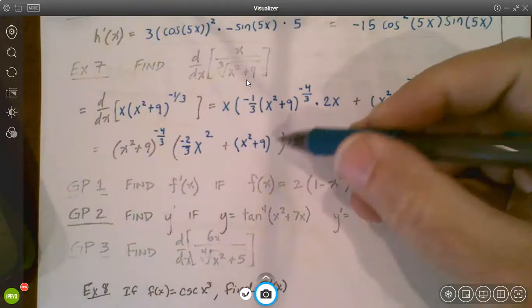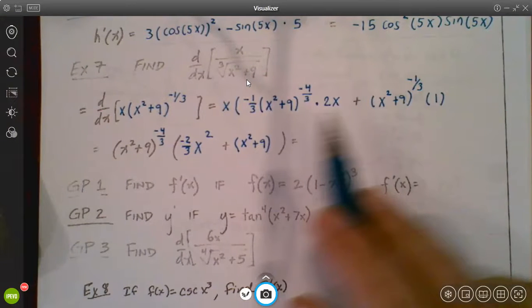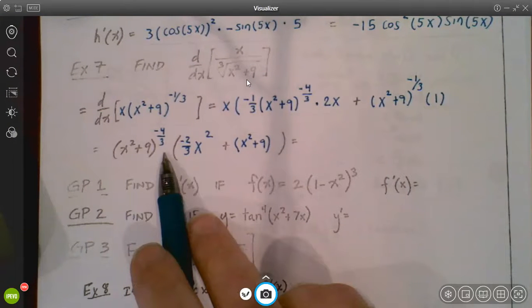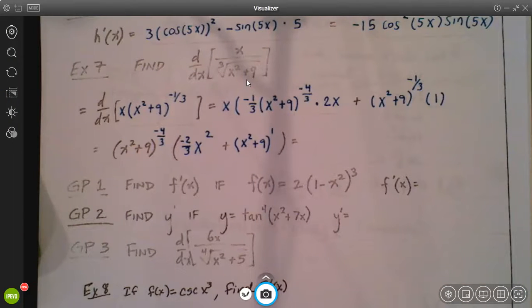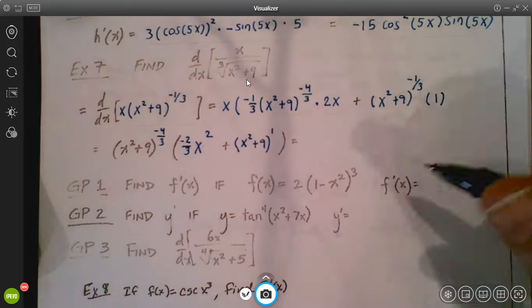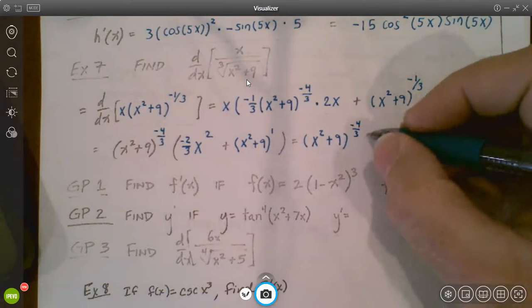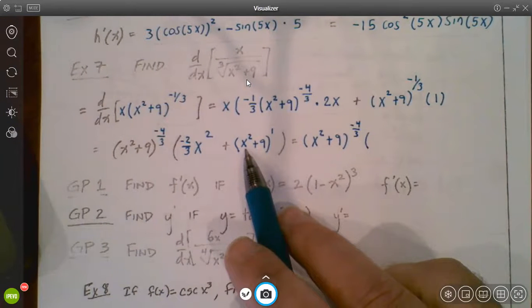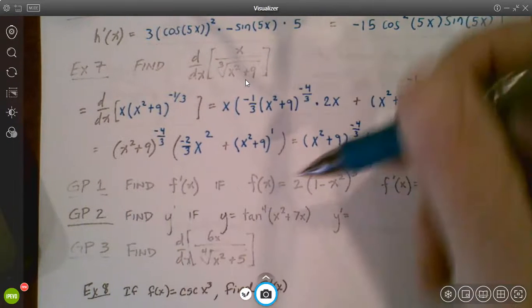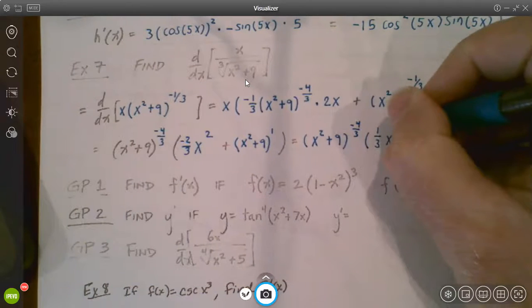As far as the exponent on this, if I did negative 1/3 minus negative 4/3, I just get 1. So you don't have to write the 1, but I'm going to write the 1 just to show we identified it. So let's do a little to the negative 4/3. And then just inside these parentheses, I'm basically just combining the x squared and the negative 2/3 x squared would just be 1/3 x squared plus 9.